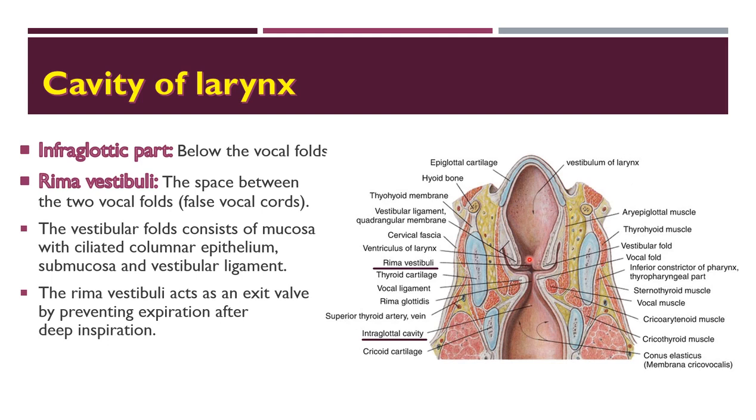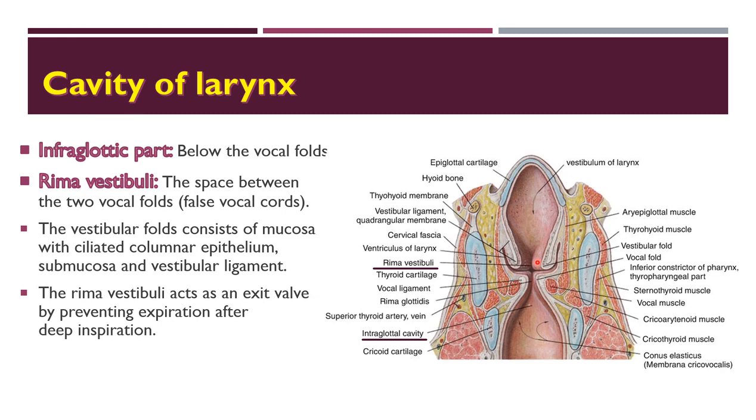So if you take a deep inspiration and then want to hold the breath, the two vestibular folds hold the expired air, so the air cannot go outside. So they act as an exit valve.